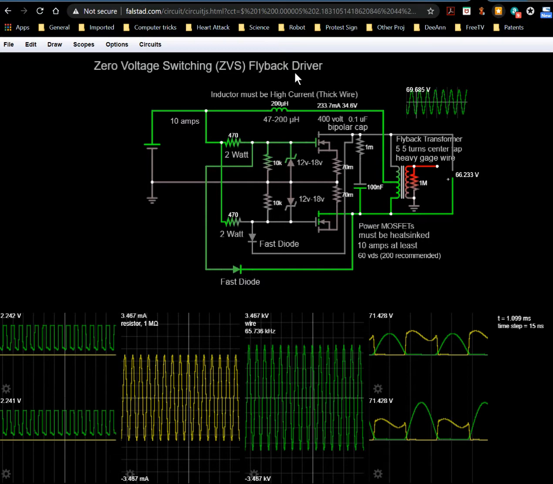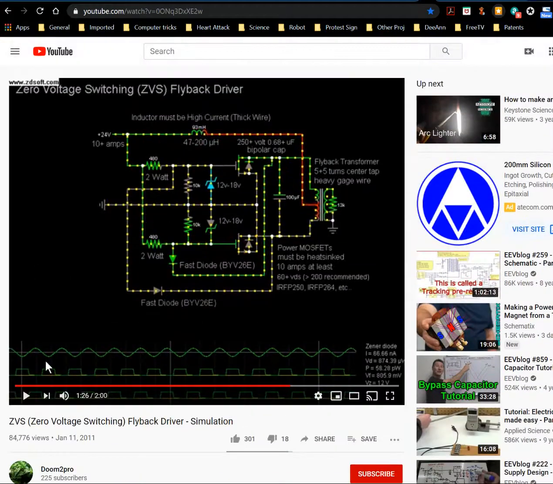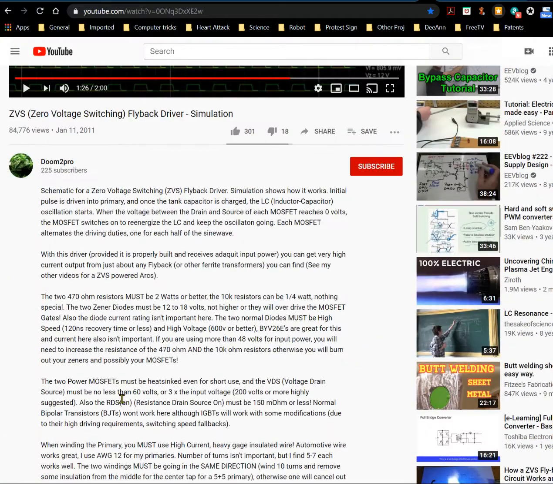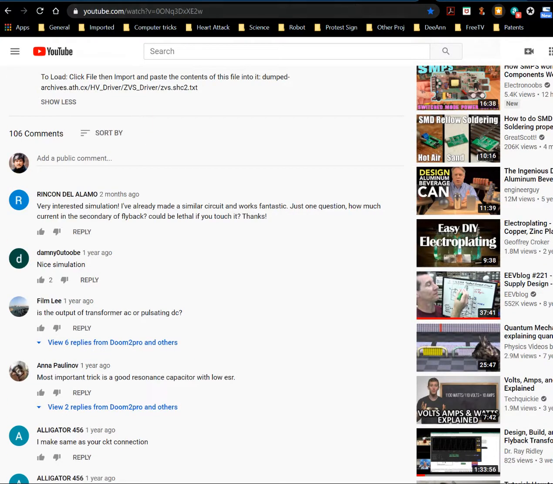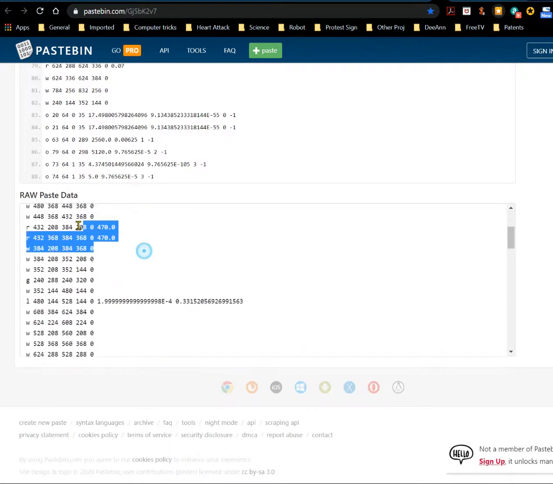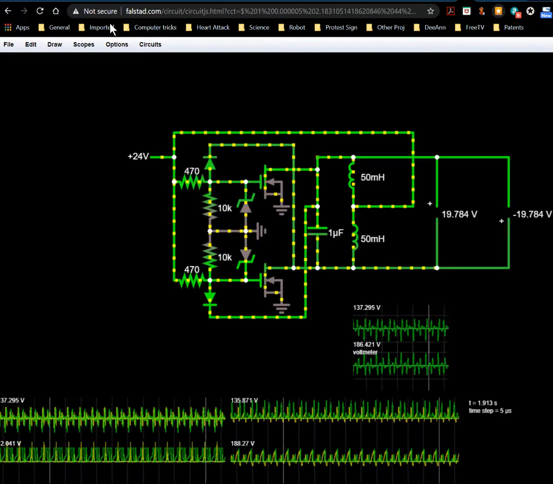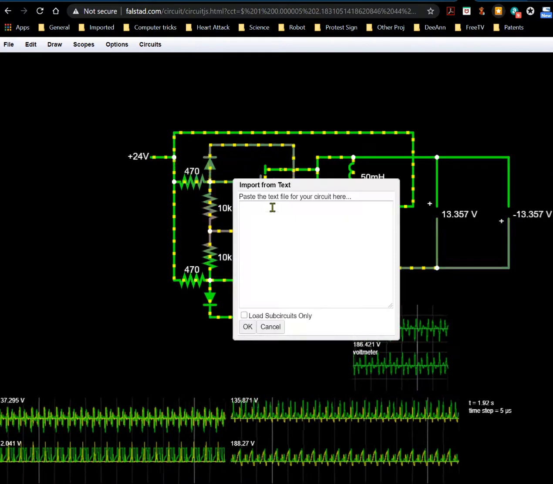this Mazzilli ZVS circuit, I found in a short from this guy Doom 2 Pro or whatever. That's how I found this video. You're going to have to scroll down here and find this so that you can go to this place, so that you can copy first this and then this whole thing, these text files, over into Falstad by using this twice.